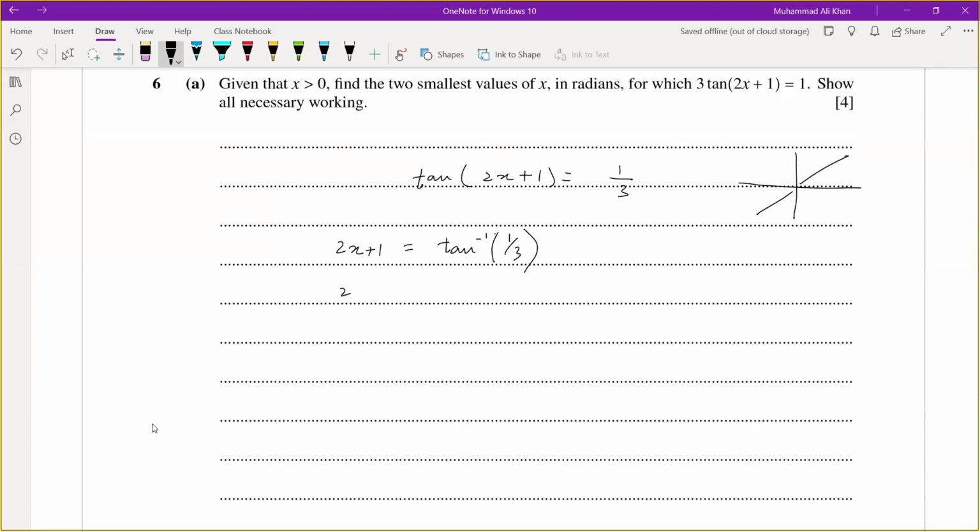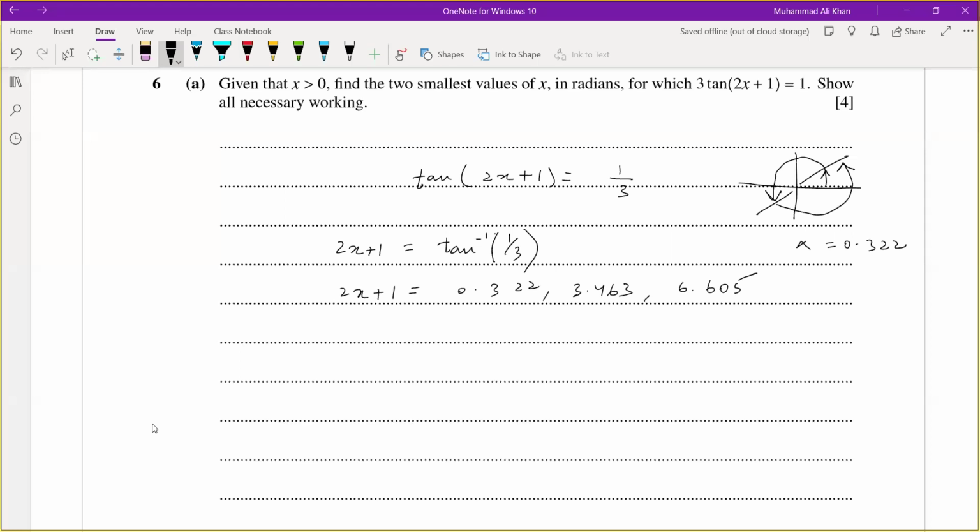By this, the first answer is 0.322, because the basic angle is 0.322. Second is pi plus 0.322. It will be 3.463. The next one is 2 pi plus 0.322. It will be 6.605.